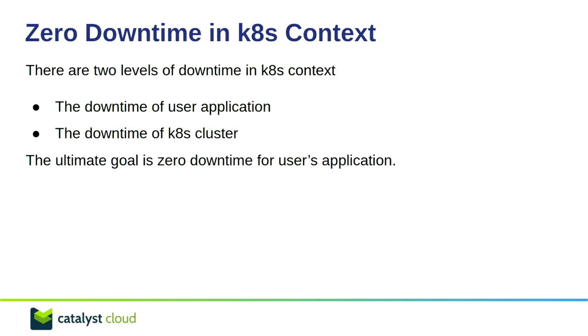When we say zero downtime in the Kubernetes context, there are two levels. The first level is the user application. We want to get zero downtime for the user application. The other level is the Kubernetes cluster. But the ultimate goal is zero downtime for users' applications.